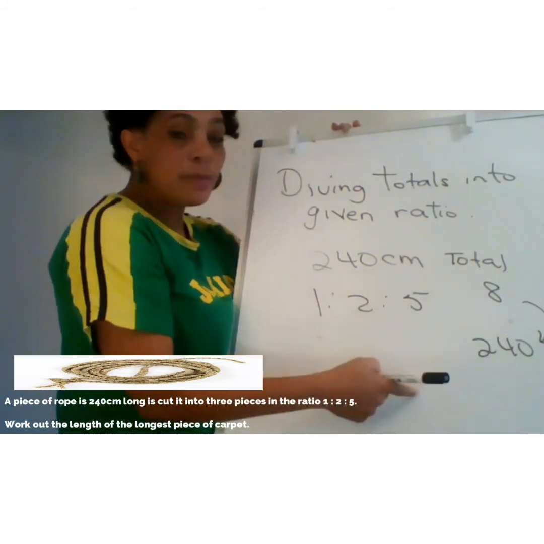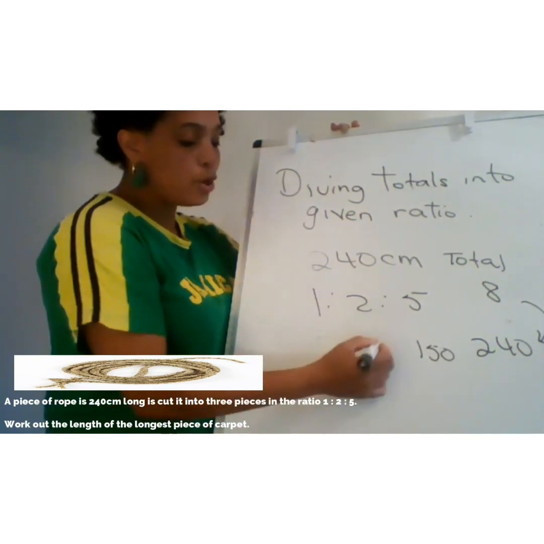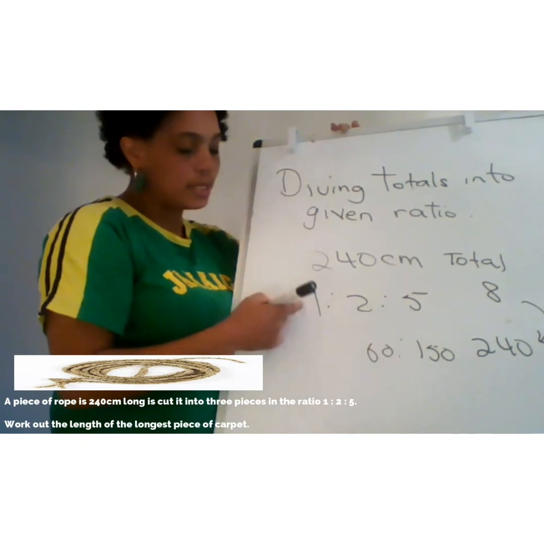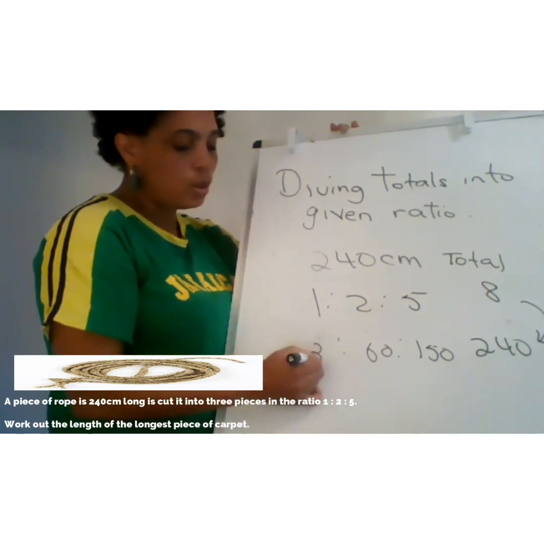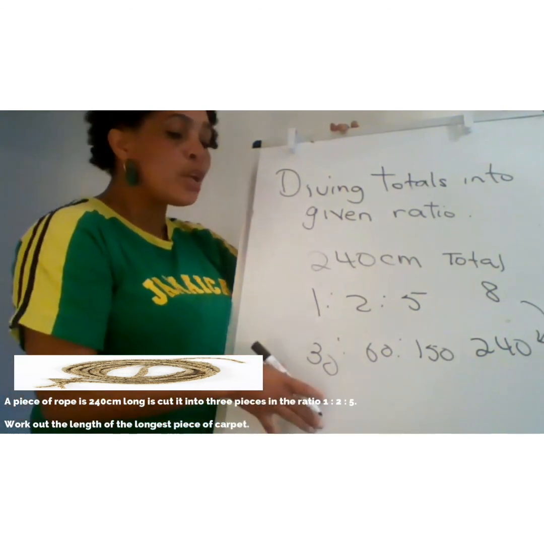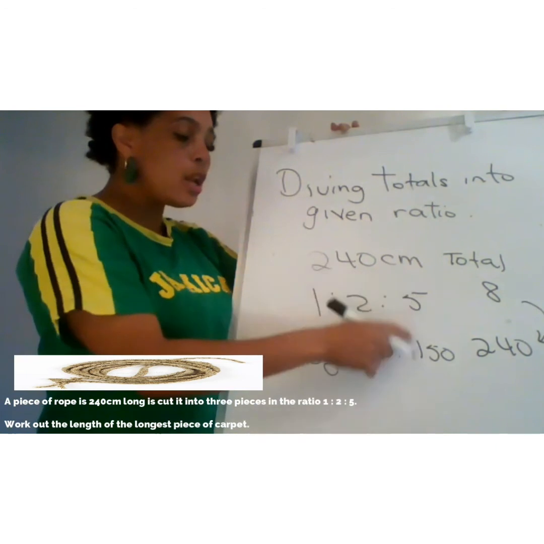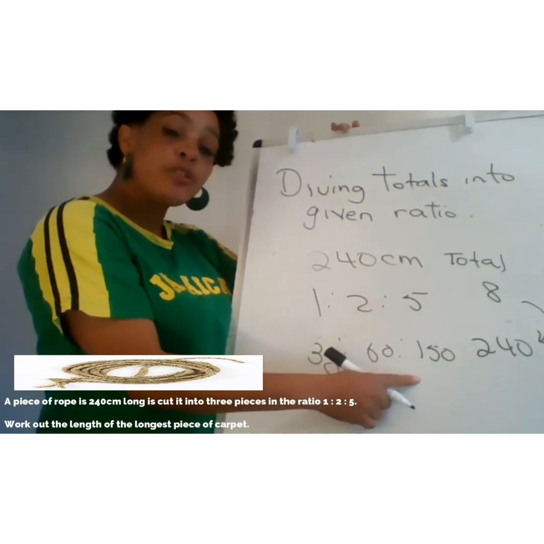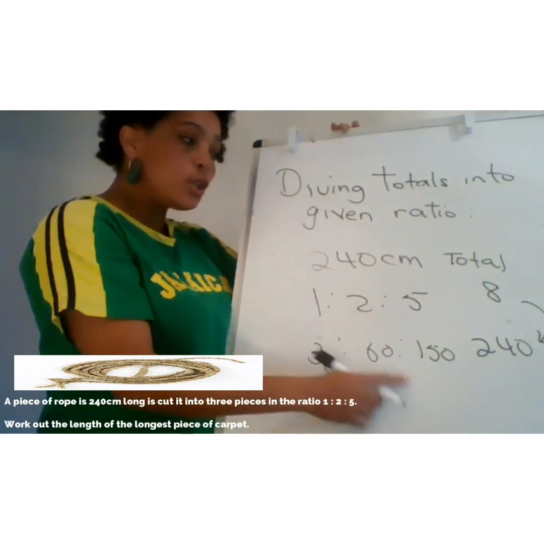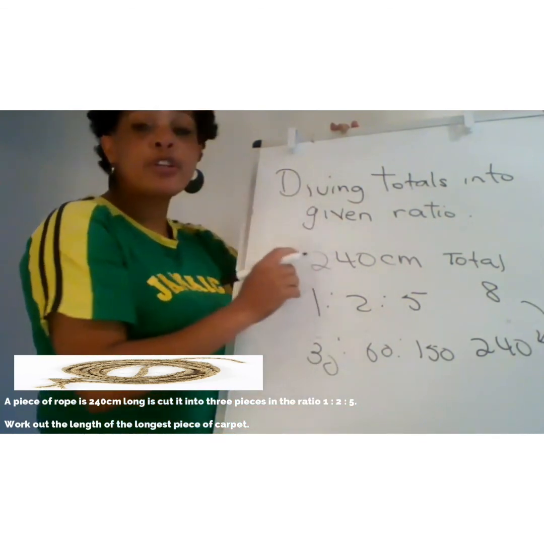So I'm going to times this by 30 as well, which is going to give us 150, times that by 30 as well, which is going to give us 60, times that by 30 as well, which gives us 30. So if we're asked what's the length of the longest piece of rope, the length of the longest piece of rope would have been 150. So that is how we do dividing totals into given ratio.